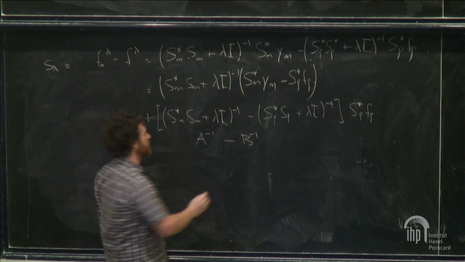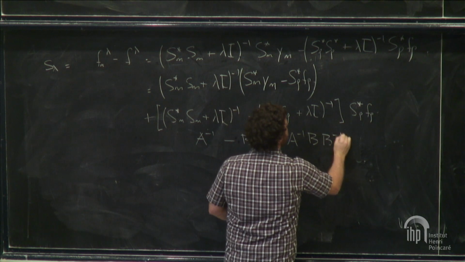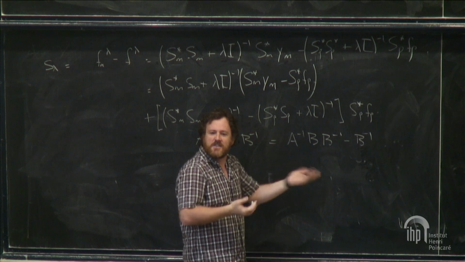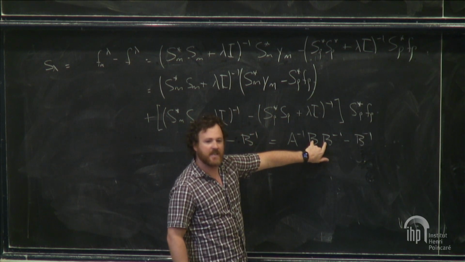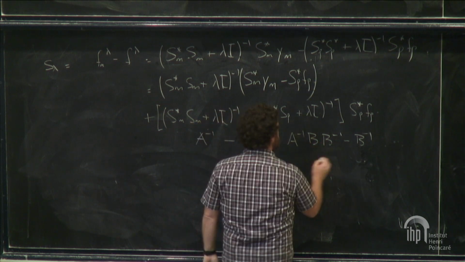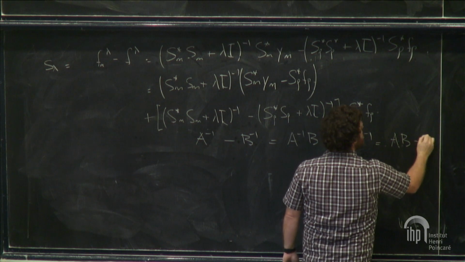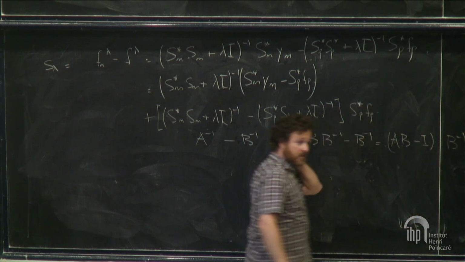If these are operators, you still do the same. You basically say A minus 1, B minus 1. I'm just writing it because if you've never seen it, I'm going to skip it, but it's trivial. So you write the identity like this, okay? And then you get A, B minus identity, B minus 1.